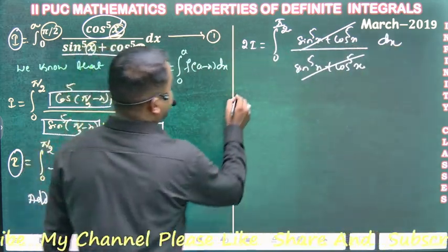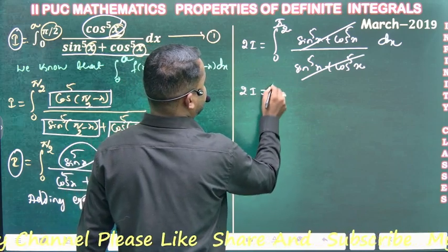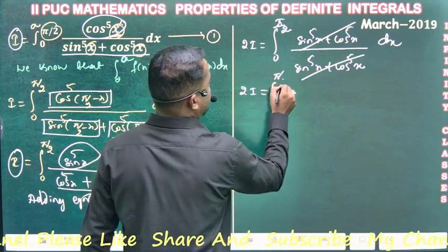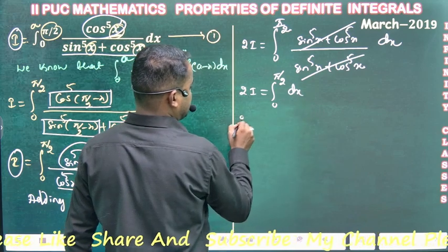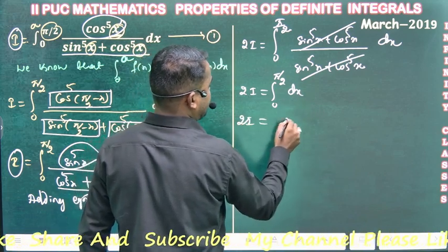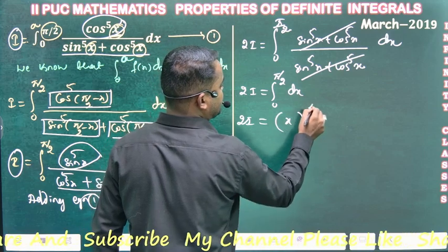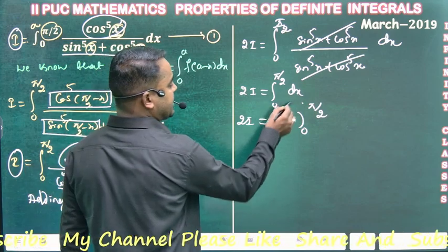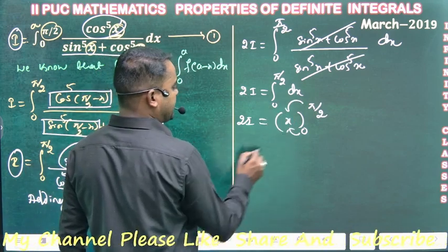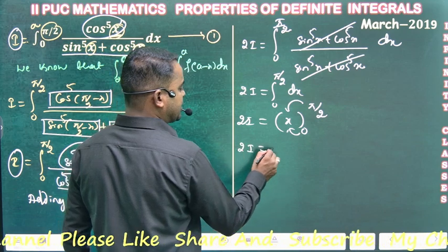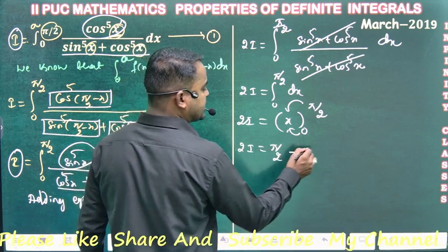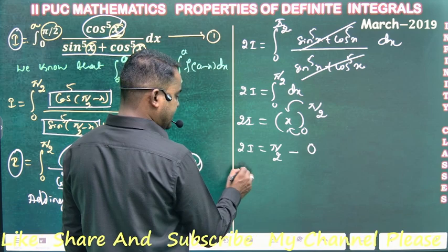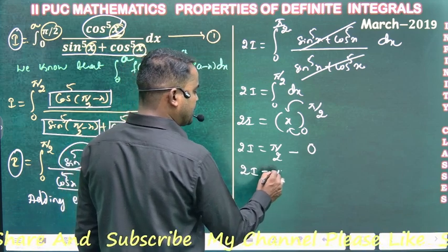Now integration of dx is what? x. That is 2I is equal to integration of 0 to 5 by 2 dx. Then 2I is equal to x between the limits 0 to 5 by 2. Now substitute the upper limit, that is 5 by 2, then minus the lower limit. That is 2I is equal to 5 by 2 minus 0. Then 2I is equal to 5 by 2.